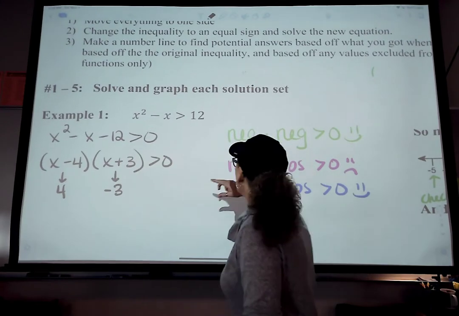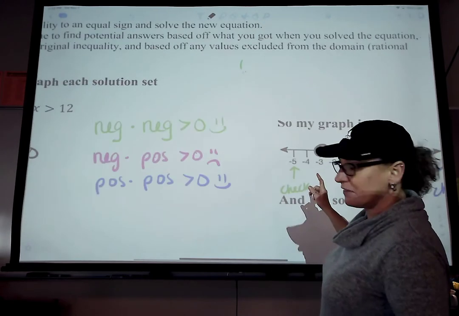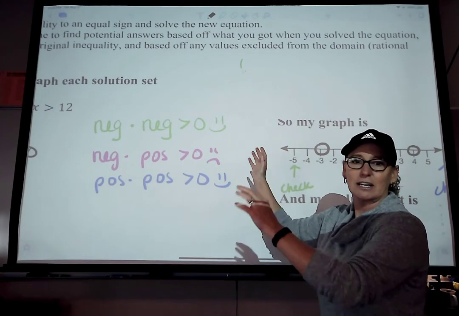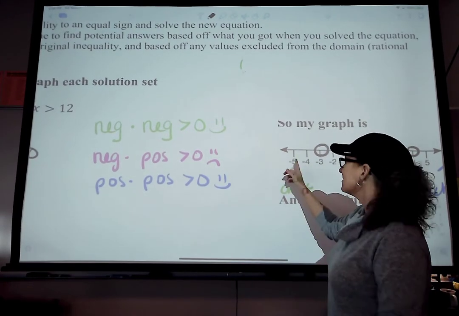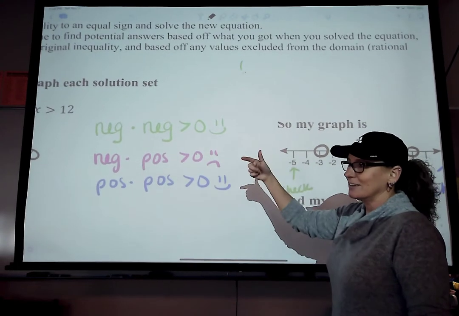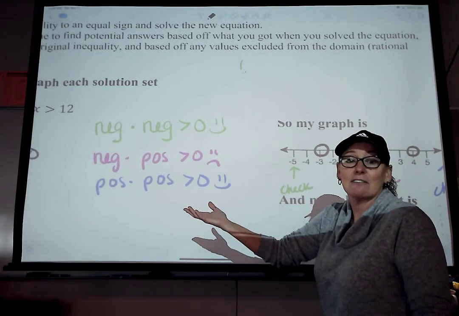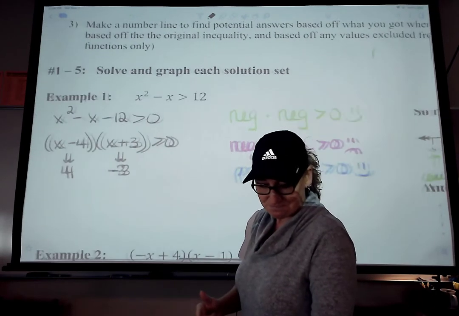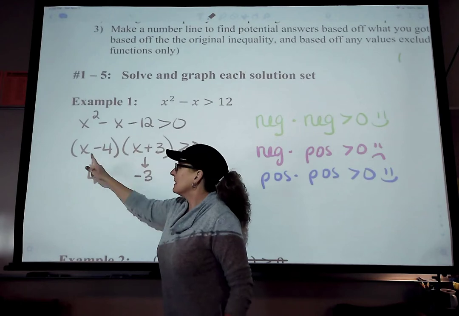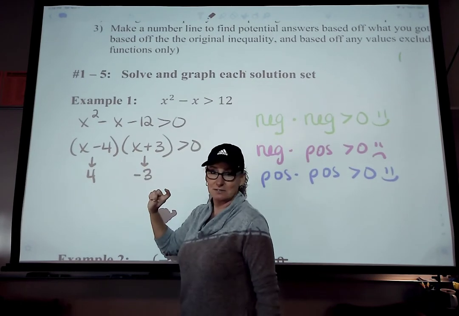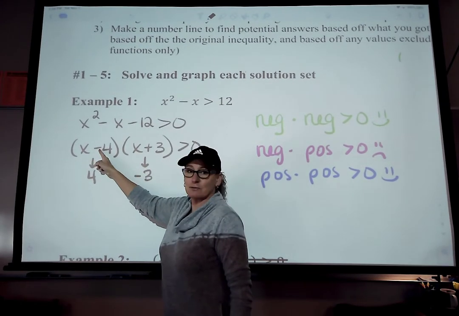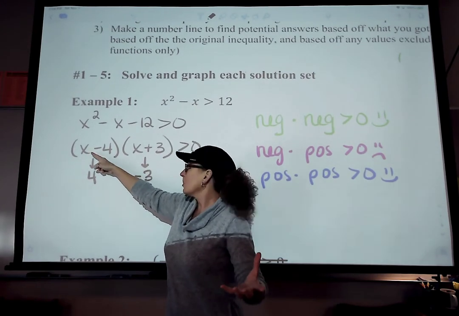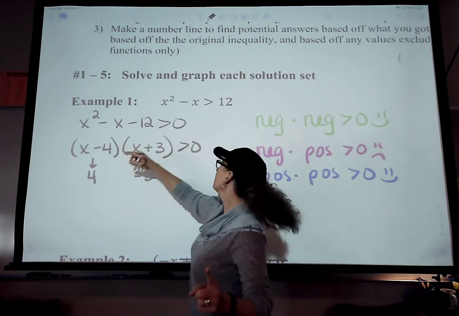Ready? I want you to pick a number in the green region. Sometimes I like to pick an absurdly negative number, not just negative 5. Negative 10? How about negative 100? Pick negative 100. If I sub in negative 100 here and here, negative 100 minus 4, I don't need to know what it is. I just need to know whether it's positive or negative. So negative 100 minus 4 is negative.